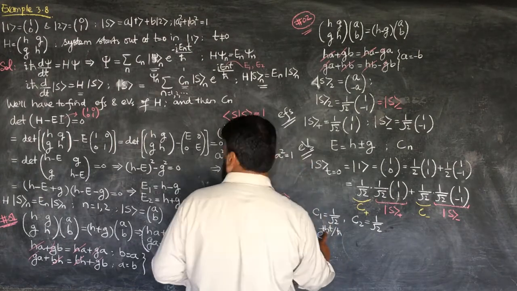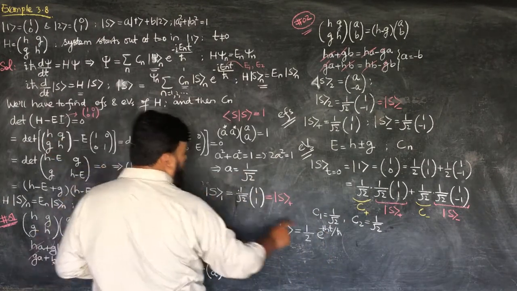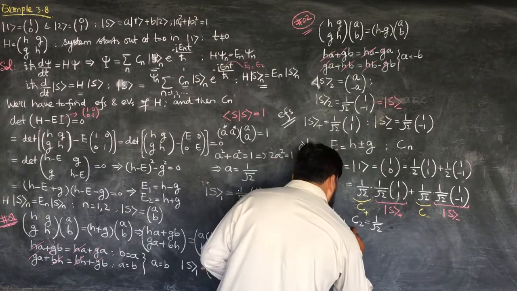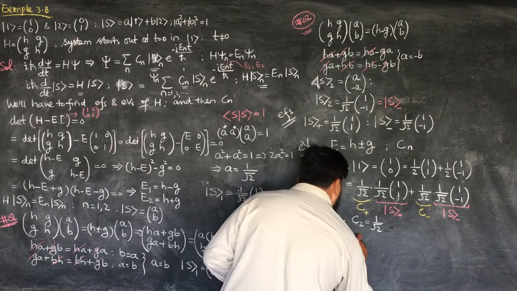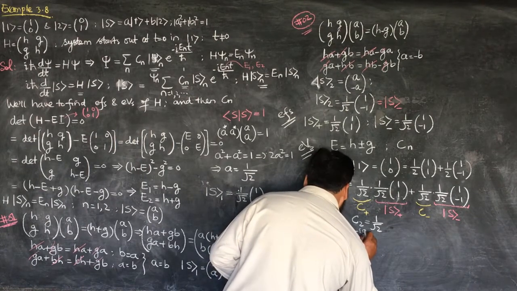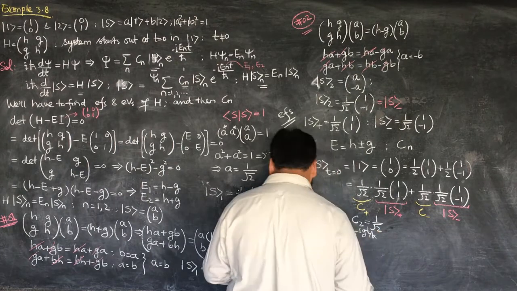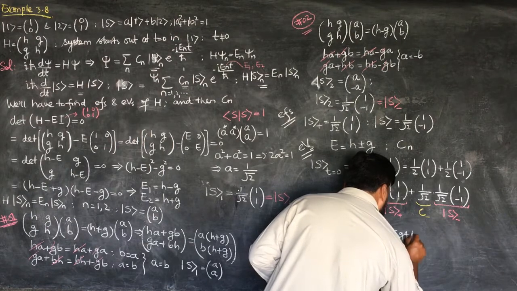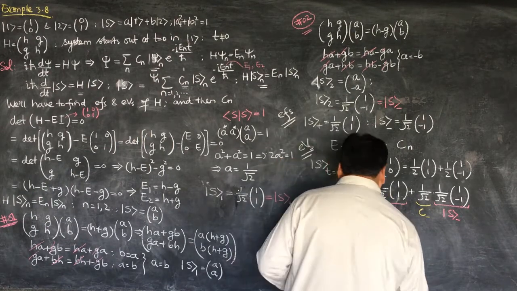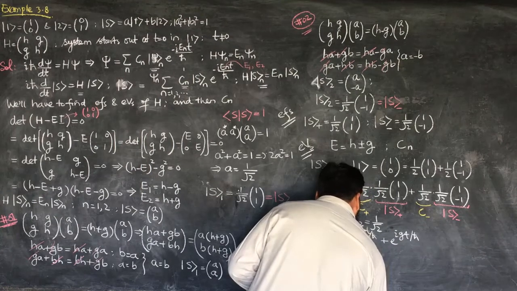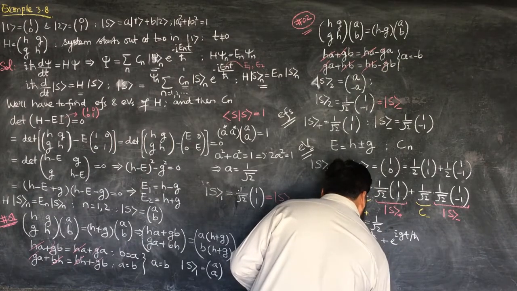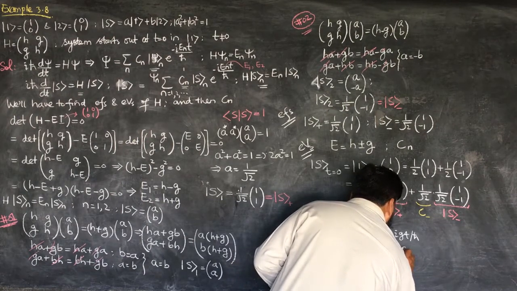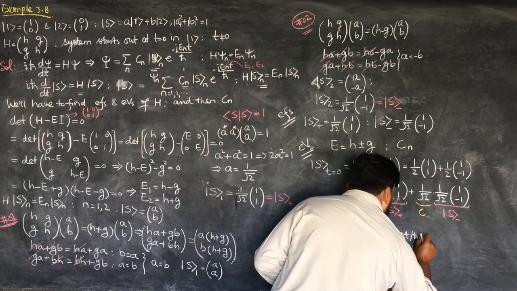Note that this H is a constant here in our matrix, while the h bar is the reduced Planck constant, and this is multiplied with e to the power minus i g t over h bar plus e to the power plus i g t over h bar, and here e to the power minus i g t over h bar minus e to the power plus i g t over h bar.